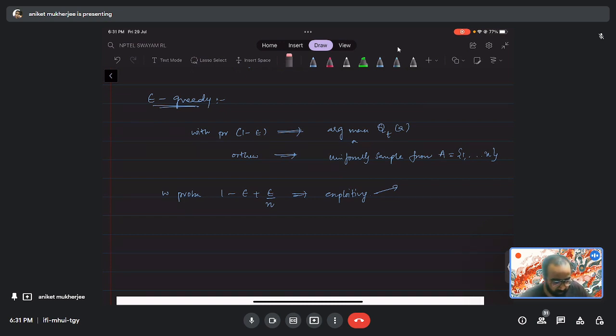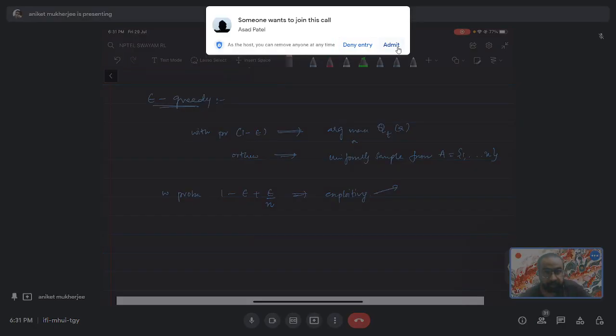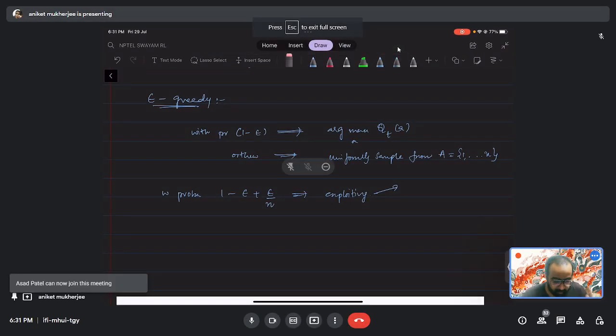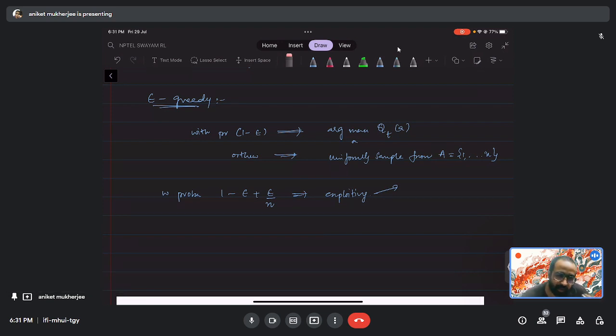So this is one of the algorithms which gives you a trade-off between exploiting and exploring. We have some questions in the ungraded assignment on how epsilon should be designed. These are all design issues of the algorithm, like what epsilon values you can use so that you get a good learning rate. I think Sir has also mentioned some of them in the videos.